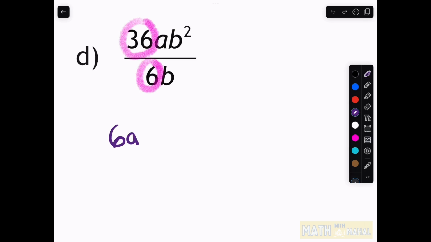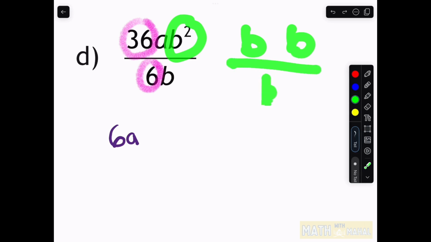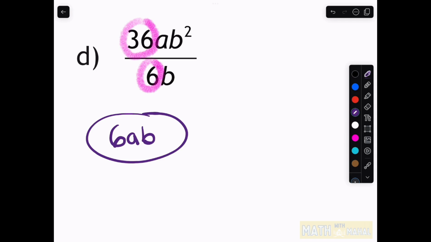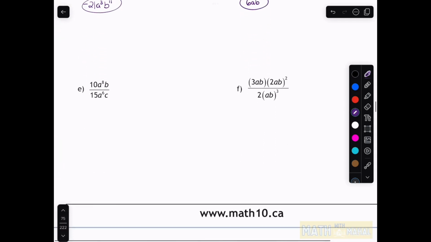And for our b, we've got technically b squared, which really means we have b and b on top with another b on the bottom. So each of those can get canceled, or we're going to subtract them. We're going to say 2 take away 1. That leaves us with b, and there's our answer.